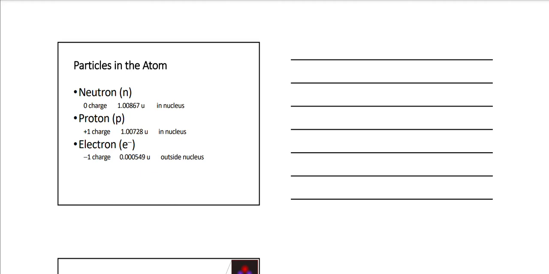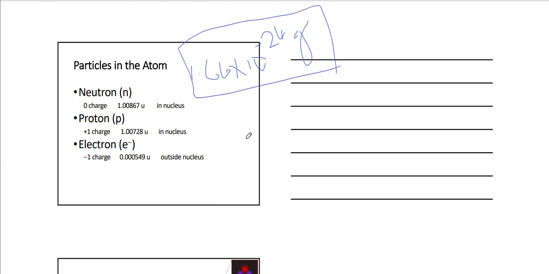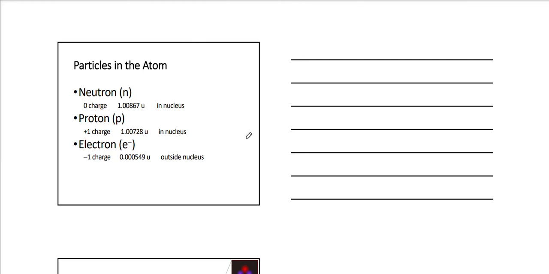The mass of the electron is 0.000549 Dalton, and in case you're curious, every 1 Dalton equals 1.66 times 10 to the power negative 24 gram. So it's a very small amount, almost hard to detect.